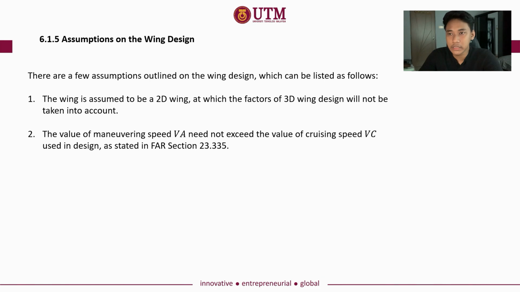Since this project is only given one semester, we take a 2D case, which is more suitable compared to a 3D case. The next one is that the value of maneuvering speed must not exceed the value of cruising speed VC used in the design, as stated before in FAR section 23.335.